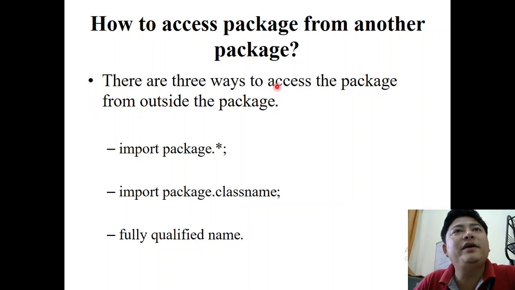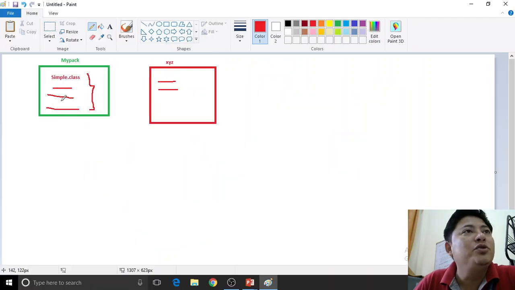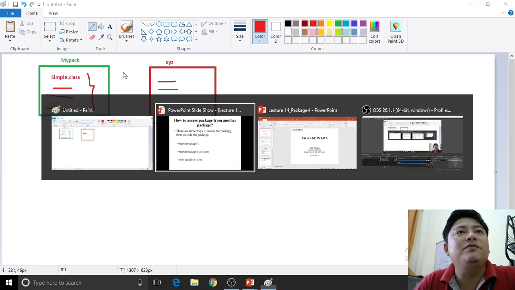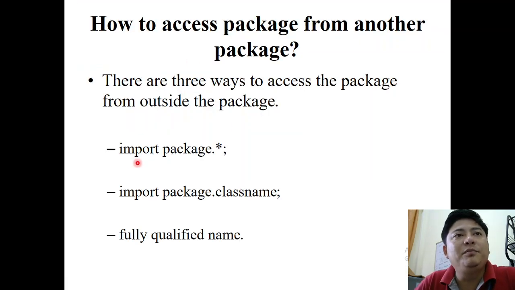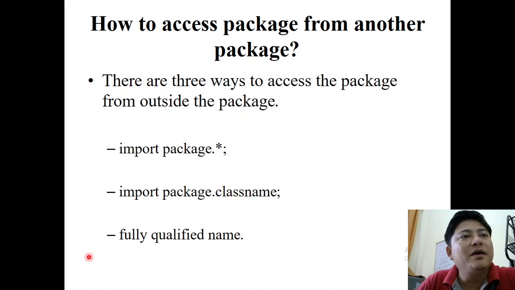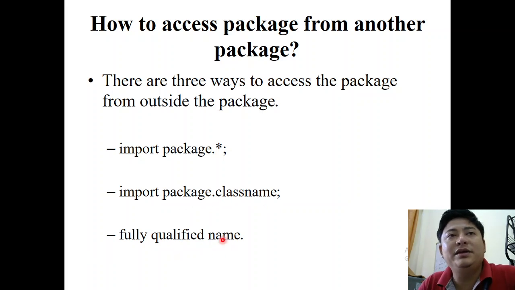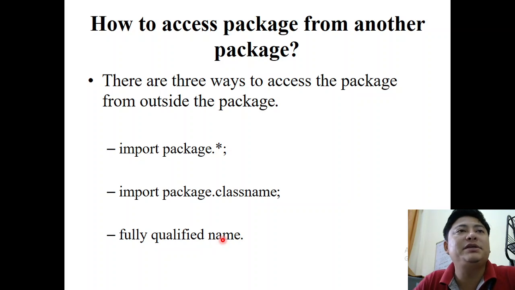There are three ways to access a package from outside the package. To access the content of mypack from here, there are three ways: import package.*, import package.classname, and the fully qualified name. We will see one example of each in the upcoming slides.